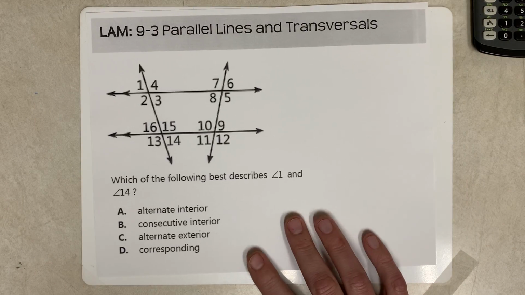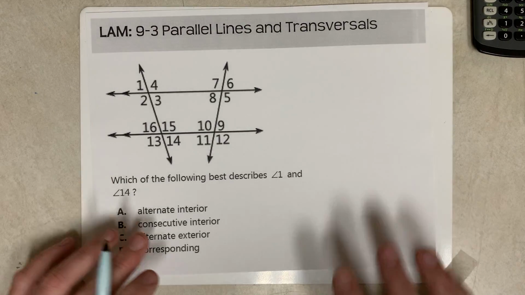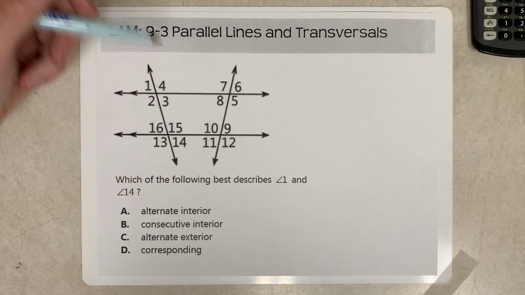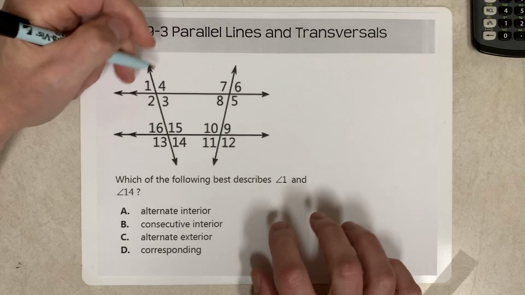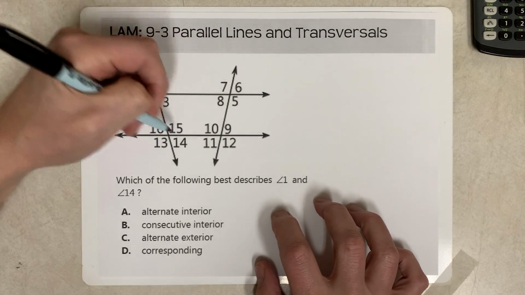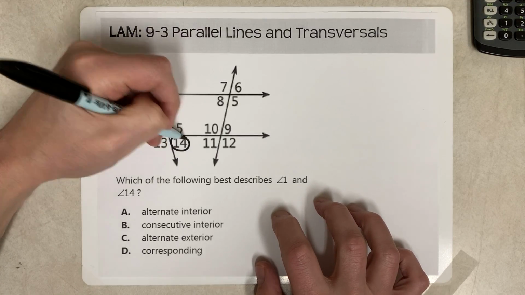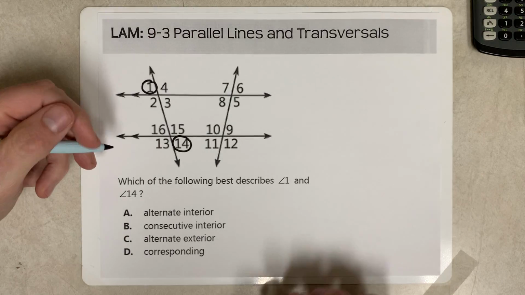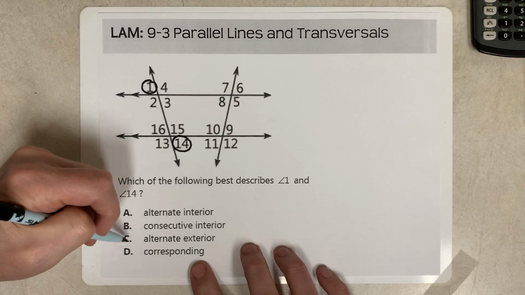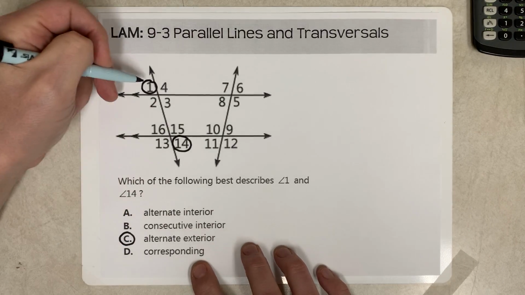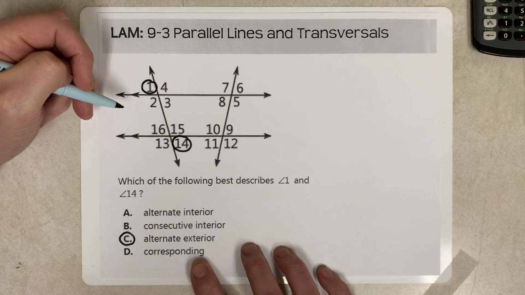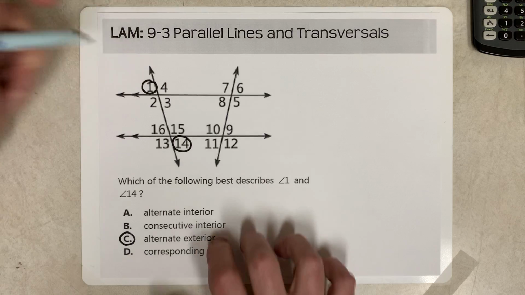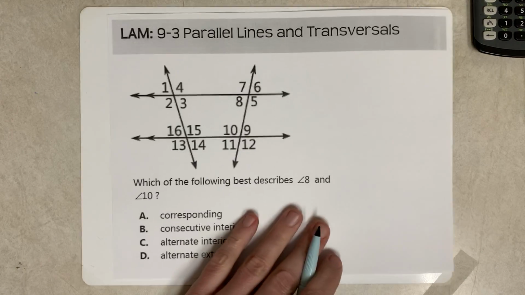First one, we've got some multiple choice. Which of the following best describes angles 1 and 14? That would be alternate exterior. They're on opposite sides of the transversal, and they are on the outside of the parallel lines. Okay, next one.